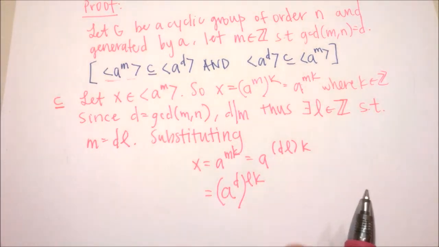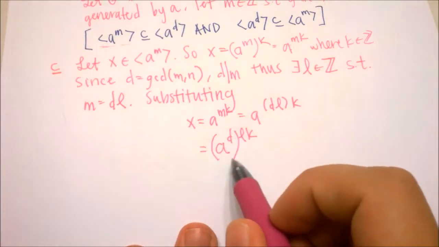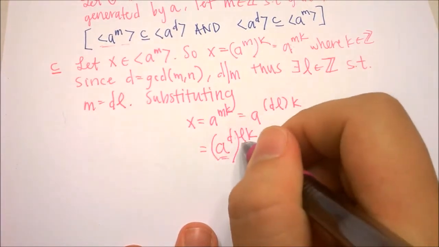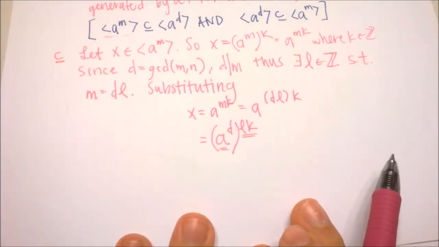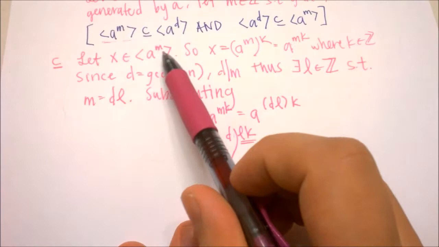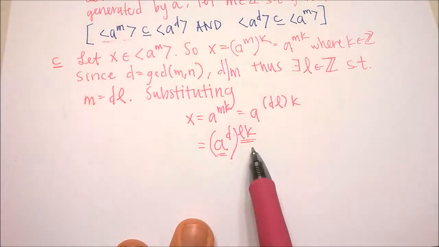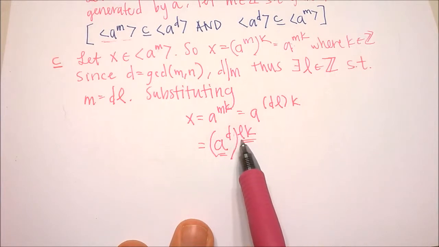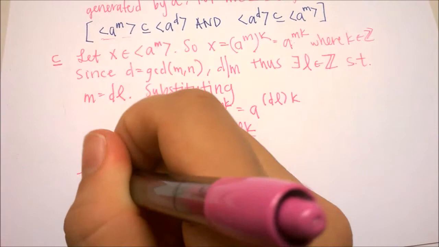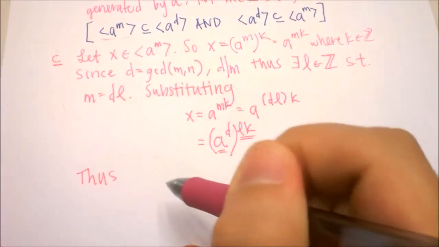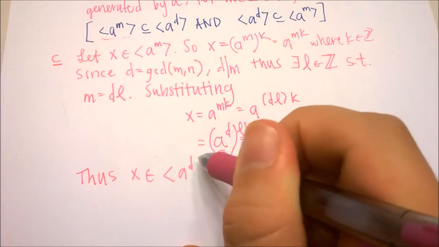All right, so now we have x is equal to something, a^d, raised to an integer. Now remember, the definition of a cyclic group is just the base raised to an integer. So this is the definition of the group generated by a^d. Thus, x is an element of the group generated by a^d.